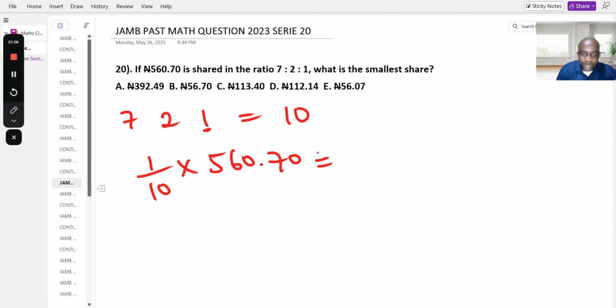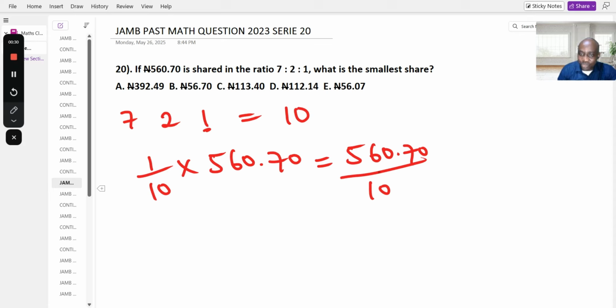Now let's multiply this together. 1 multiplied by 560.70 divided by 10. When you divide this by 10, you can press your calculator, and it's going to give us 56.07. 560.7 divided by 10 is going to give us 56.07, because anything divided by 10, you just need to move the point by one digit.